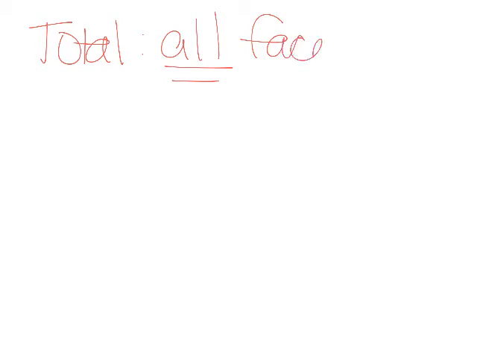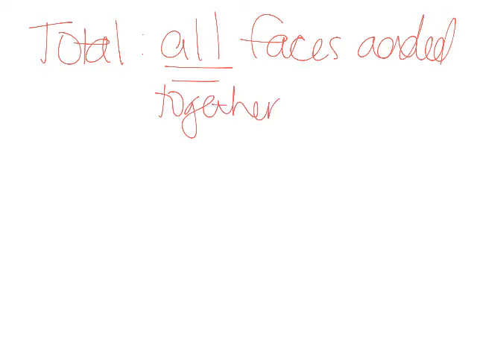There are two types of surface area. There's total, which is basically what it says. It's all faces added together. And then there's something called lateral surface area.